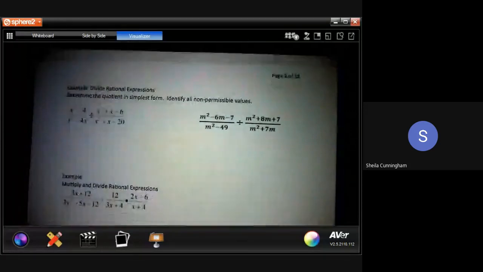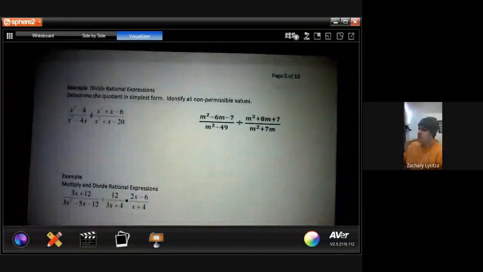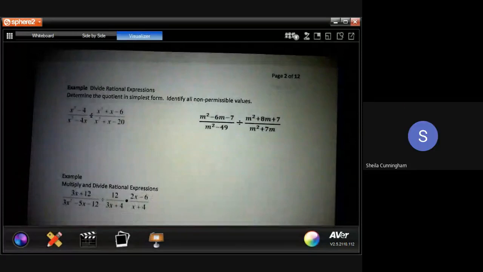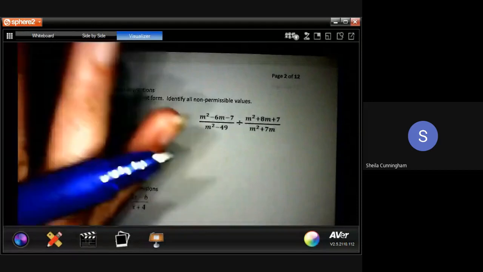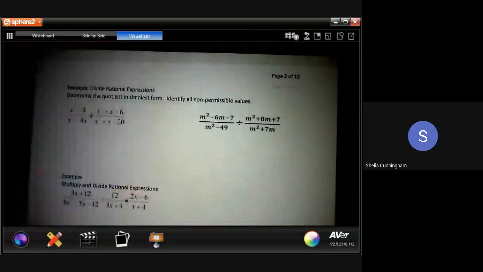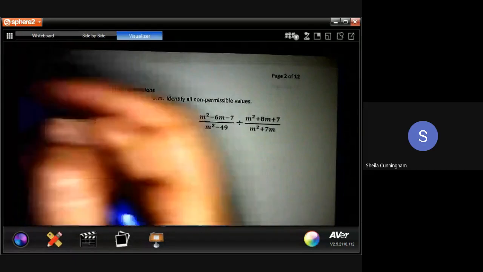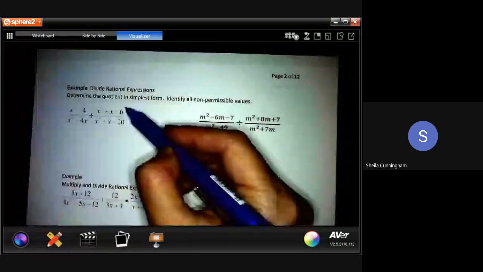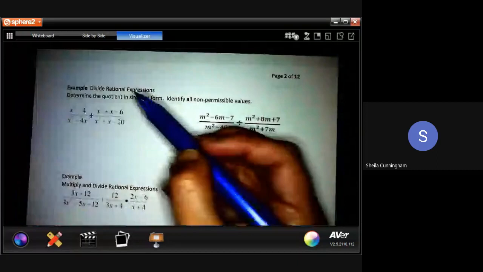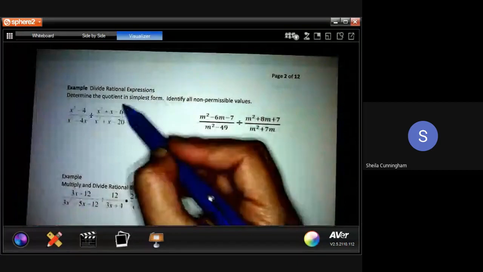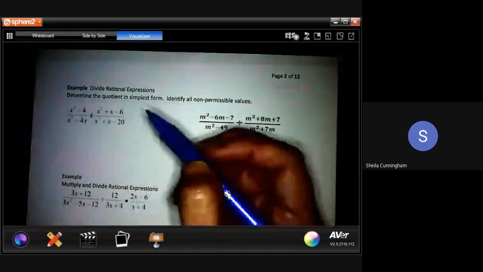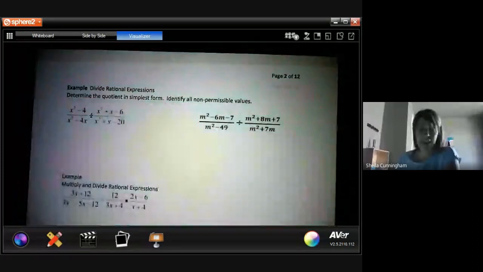My suggestion is to do your factoring right off the bat, like you normally would. Then you just have to remember to take the reciprocal of that second one. Some of you might feel like, hey, I'm going to do that reciprocal first so that I don't forget. Just remember that you're going to have to take the reciprocal of that, okay?